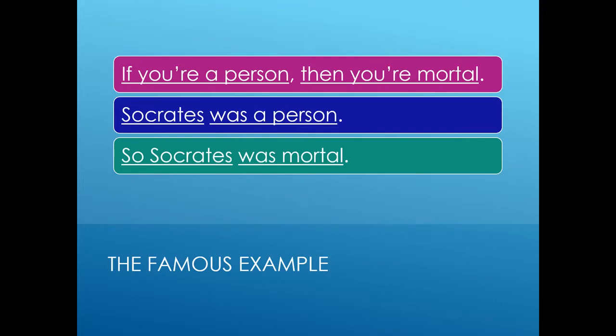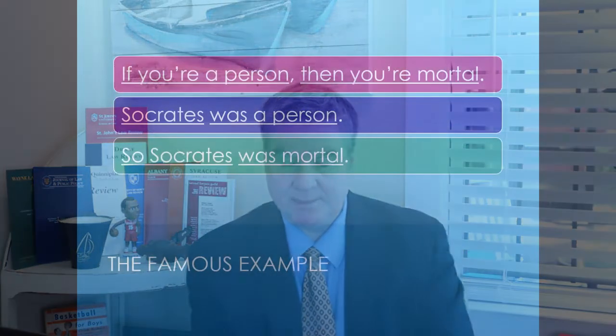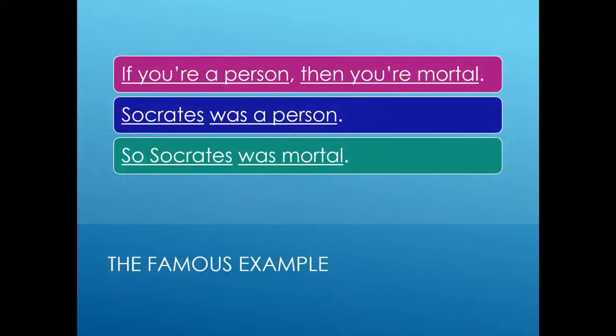If you accept the rule that if you're a person, then you're mortal, that's a general proposition that applies across the board. By the way, I'm not trying to offend anybody's religious sensibilities. I'm just using Aristotle's example. If you accept the rule that if you're a person, then you're mortal, and you accept that Socrates was a person, think about it. Look at that third sentence. That's a conclusion. So we have a rule, facts, and a conclusion.